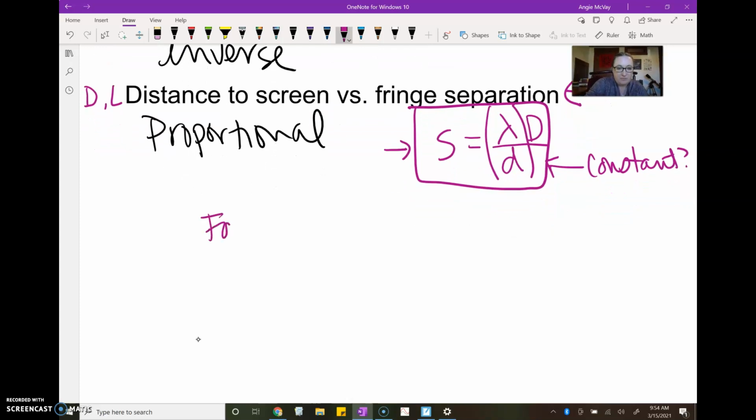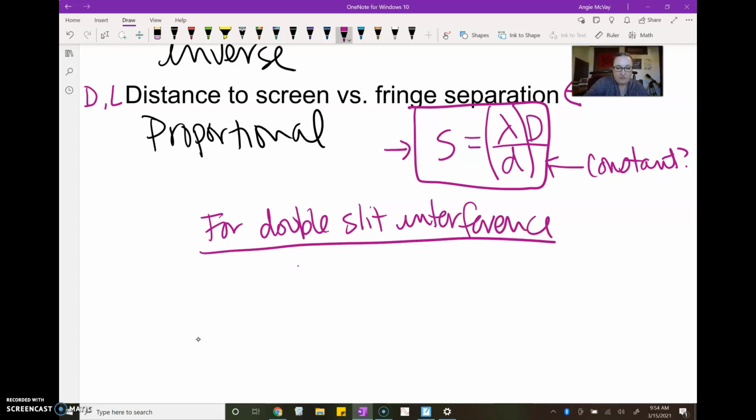For double slit interference, fringe separation equals wavelength times distance to the screen over slit separation.